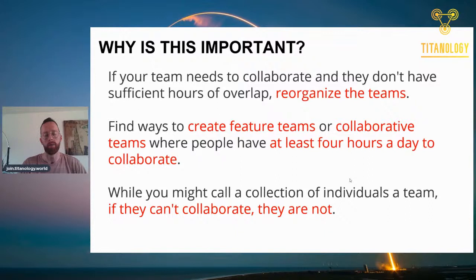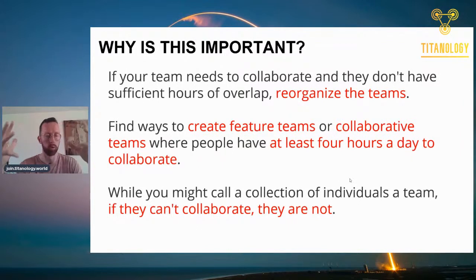And if they don't have sufficient hours, you need to reorganize the team. So just imagine you have somebody from the Philippines, somebody from India, somebody from America. It doesn't make sense that the person in America is working all the time alone and is not even able to work at the same time as your other team members. Because they need to collaborate, you need to communicate with each other.